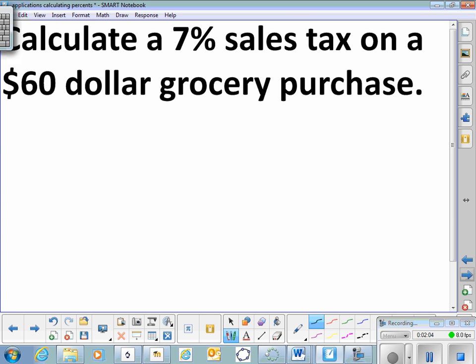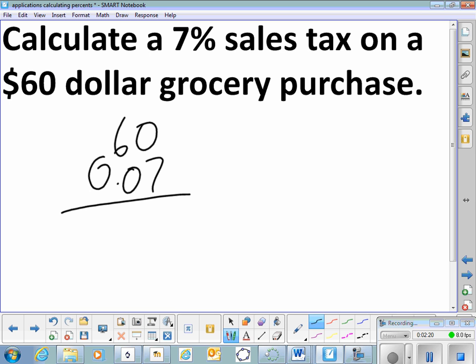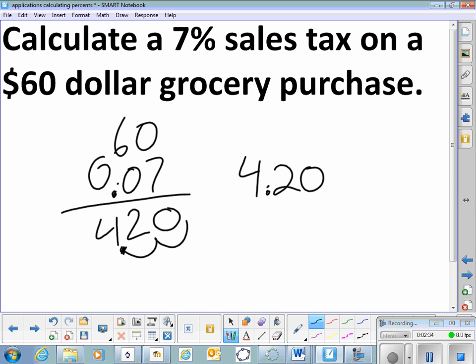Well, what about a 7% sales tax on $60 at a store? So we do the 0.07 times 60, 7 times 0, 7 times 6, 2 decimal places in the whole deal, 1, 2, so that would be $4.20, $4.20 would be the tax.